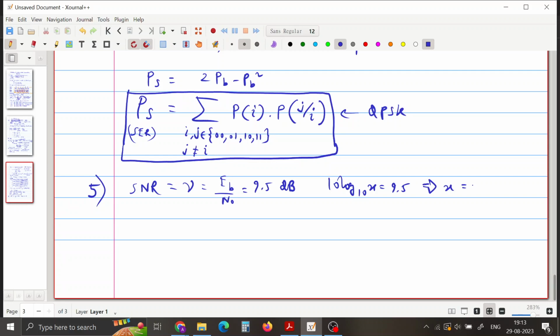You're getting 8.9125, like that. So you need to use the upper bound approximation.